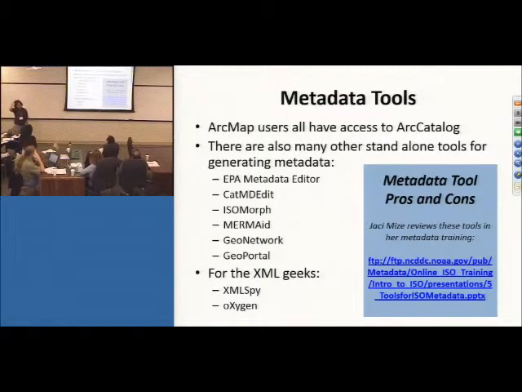I had a conversation with Allison earlier today where you can open an XML record in any text editor. But if you open it in any text editor, it'll pretty much all look the same. It'll open up in black and white. If you open it in a code editor, it'll probably come up in multiple colors, which is kind of helpful for looking at and seeing the different sections. But for going beyond just color coding, an XML editor can actually open the file, see what the dependencies are that are listed at the top of the file, and can actually tell you if there's something wrong with your file.